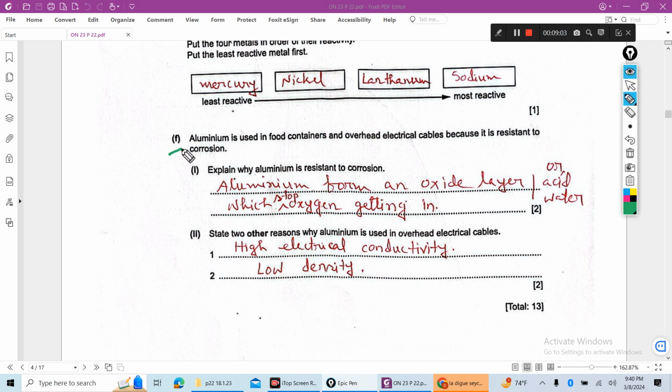F. Aluminum is used in food containers and overhead electrical cables because it is resistant to corrosion. Now, 1. Explain why aluminum is resistant to corrosion.